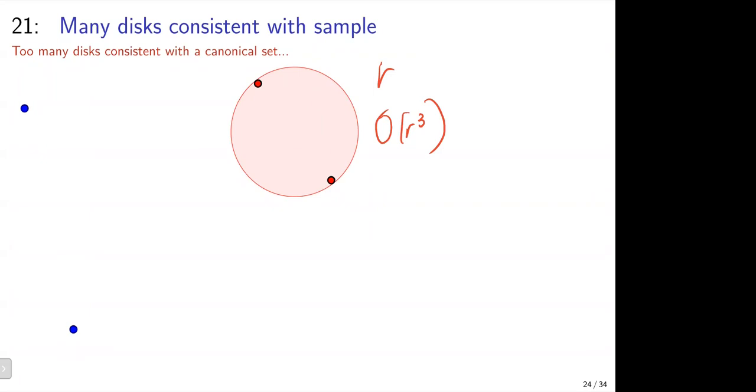The problem is that our Oracle requires us to send it a disk, right? We have to send a disk to the Oracle. So at some level, this random sample gives us good canonical sets, a canonical set that is large, and all the points in it are of the same color. But this canonical set might correspond to an infinite family of disks that contain it, right? Which disk do we need? That's the challenge.